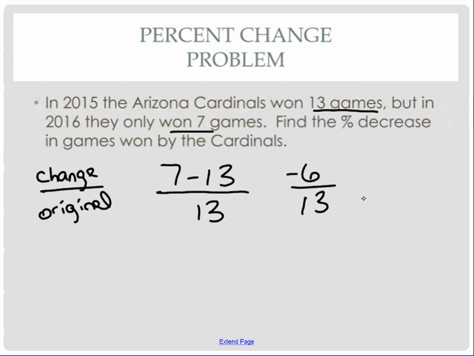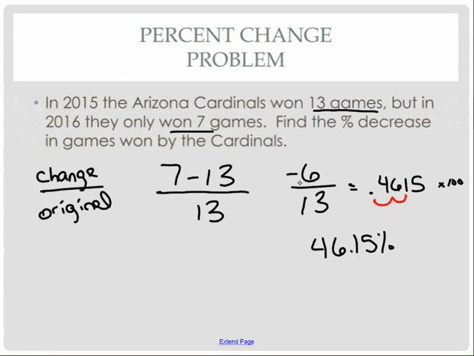Put that in your calculator, and you're going to get 0.4615. Then we multiply by 100. So that's going to move this decimal 2 places, and this will turn into 46.15%. Now, if you just box this, so help me, I'm going to be so mad because we're not done.